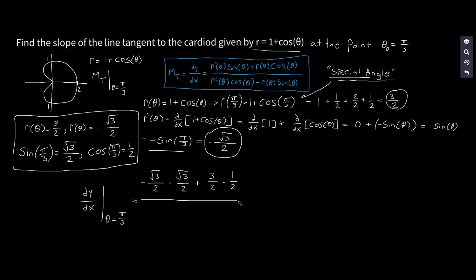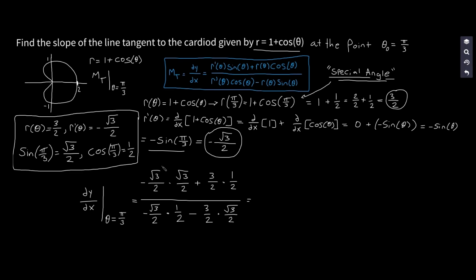This is going to be all over r prime of theta, which is negative root 3 over 2, times cosine of theta, which is 1/2, minus r of theta, which is 3/2, times sine of theta, which is root 3 over 2.